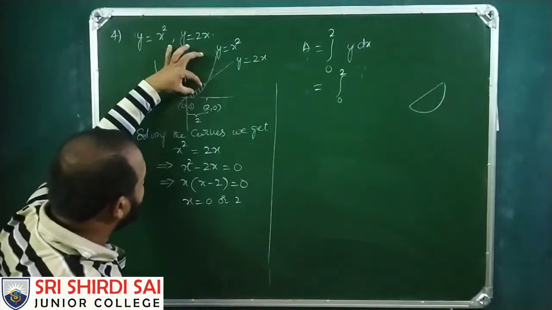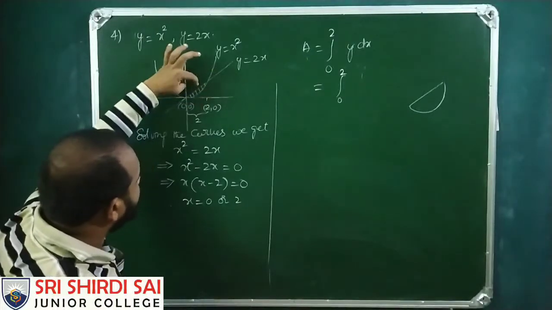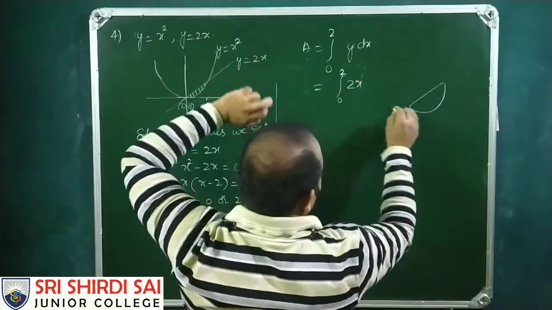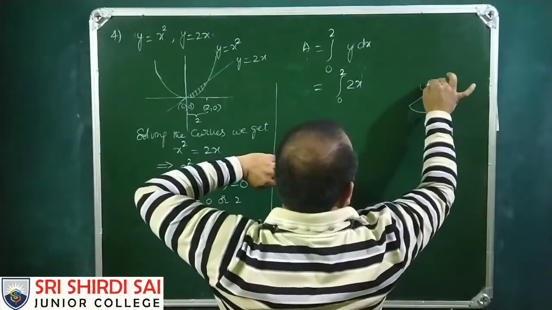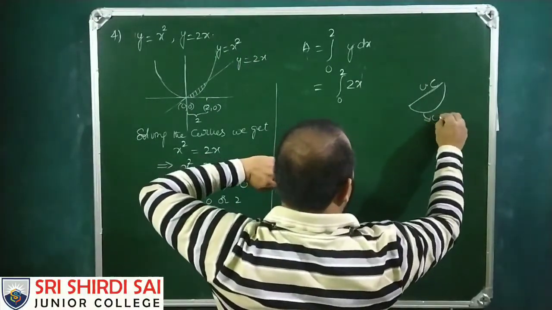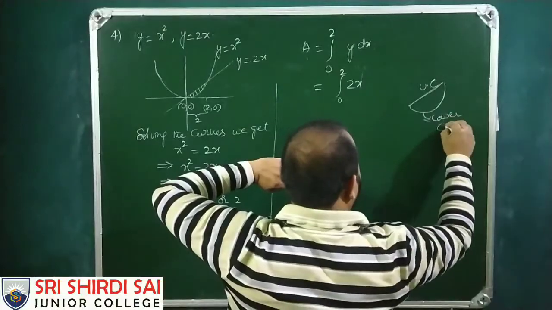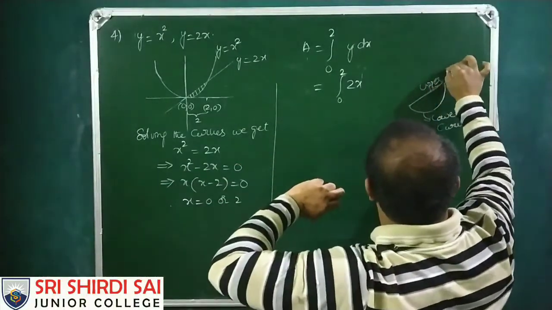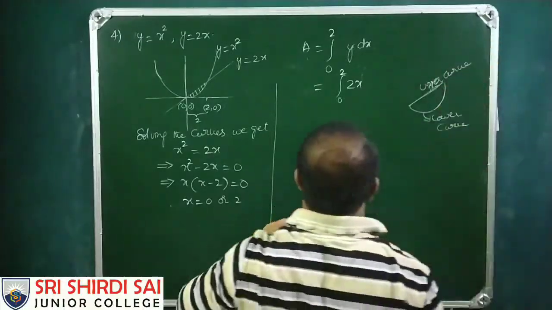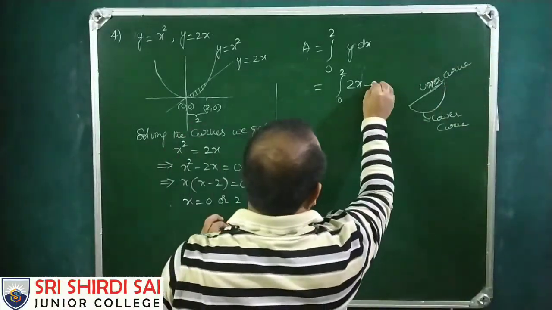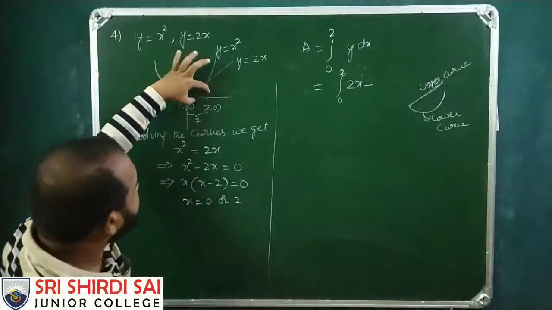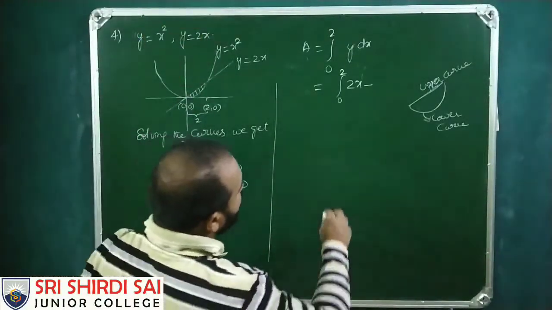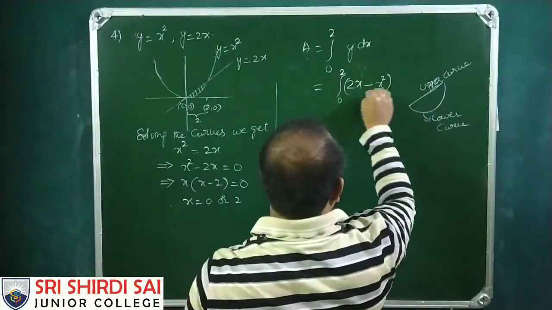This is the upper curve, which is 2x, and this is the lower curve. So 2x minus the lower curve y equals x square. See this diagram. So 2x minus x square dx.